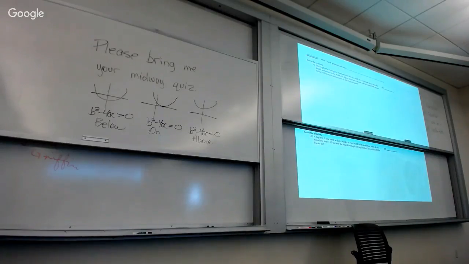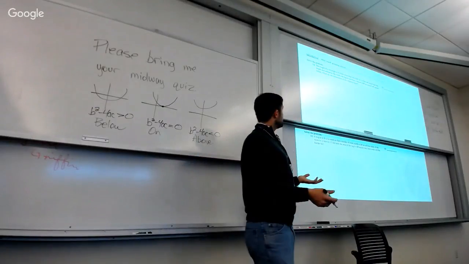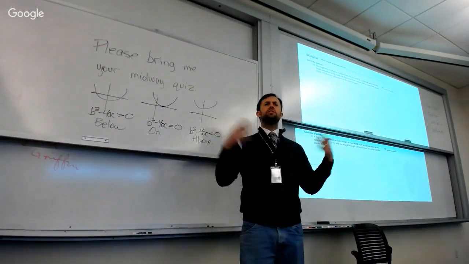All right, so let's read this out loud. Now, when you read a word problem, I have some recommendations for you. First, you can read it all the way through if you like, just to know what the problem is about.